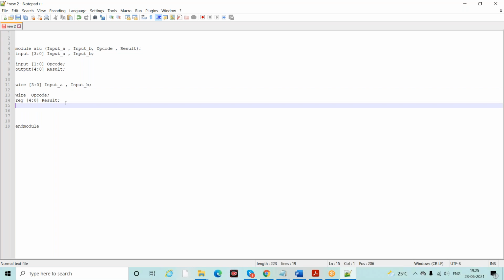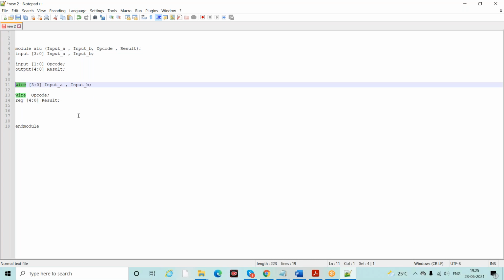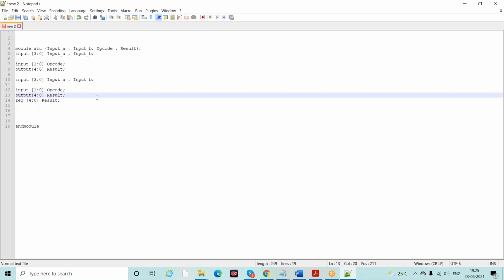Here the output we need to change because this result we are going to write under an always statement. In case of wires you need not mention it, because by default the tool itself assumes wire. If you change anything, then put register. If you don't want it, you can remove it, or if you want you can keep it. That means this is not mandatory.